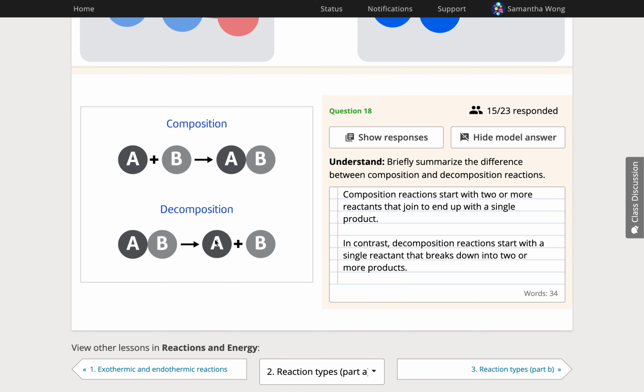You can see that it is made up of, or it breaks down into eggs, a bit of mushrooms or whatever else you like in it, and maybe a bit of milk to help it out. So composition reaction, where you're adding reactants together to form a single product. Decomposition reaction, you start with a single reactant that breaks down to form multiple products.